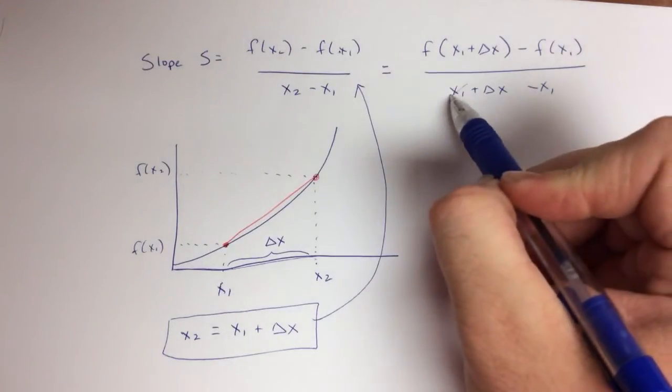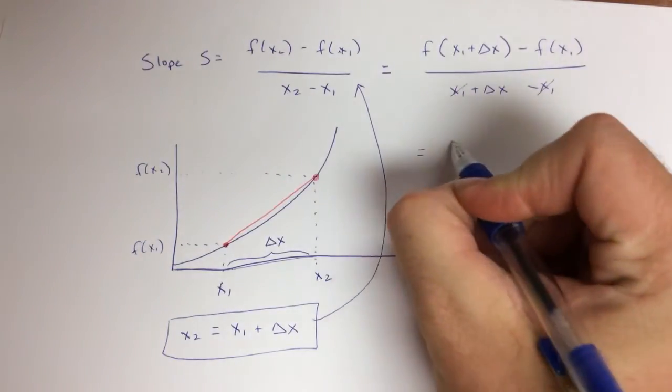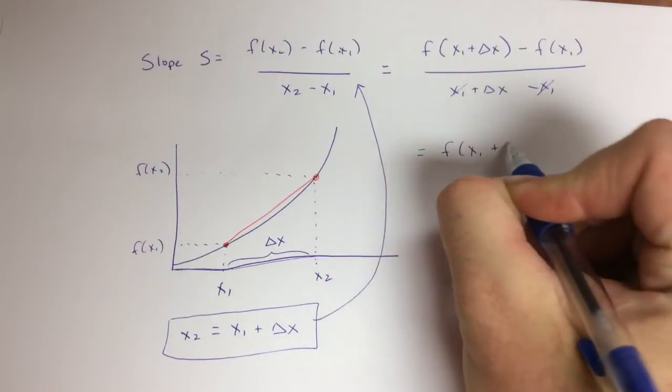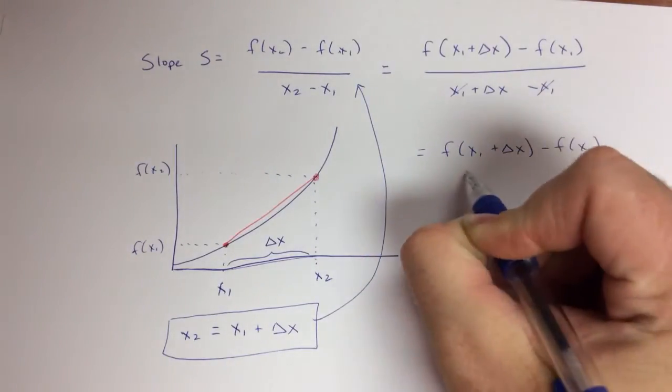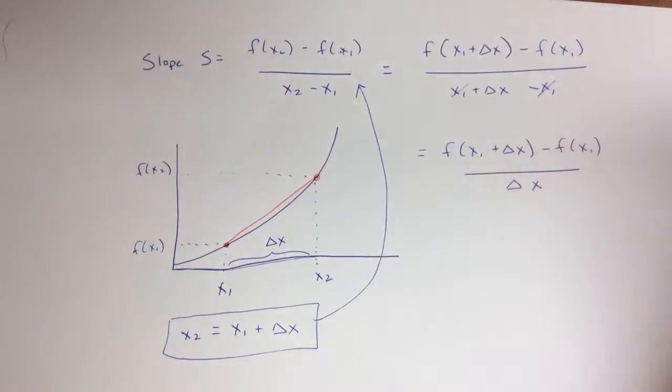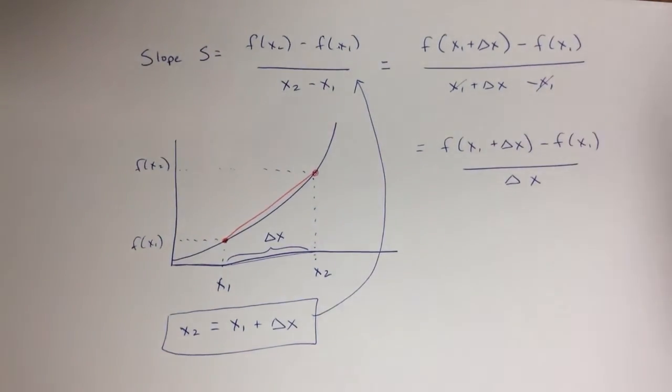Well, this x1 cancels with this, and we're left with f of x1 plus delta x minus f of x1 all over delta x.